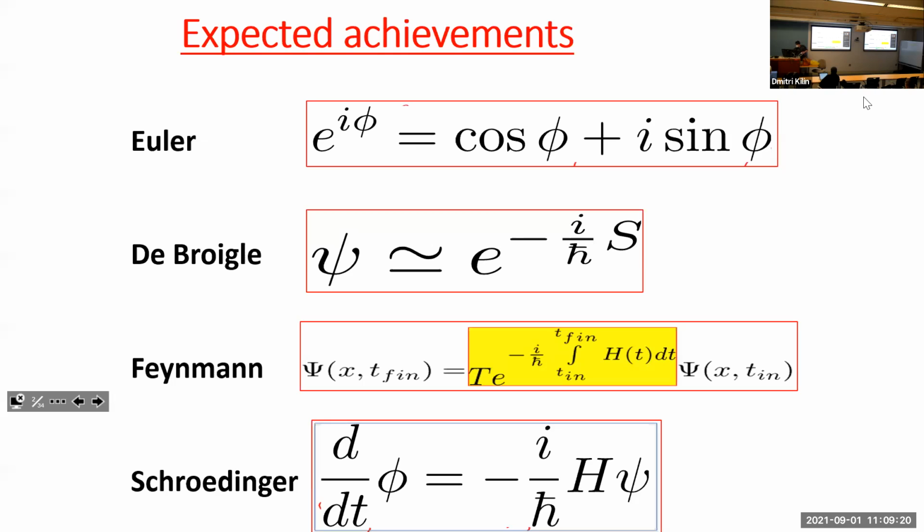So if everything goes well, then today we should arrive at these equations, and I will not be surprised if you don't. Please let me know if any of these equations seem reasonable.